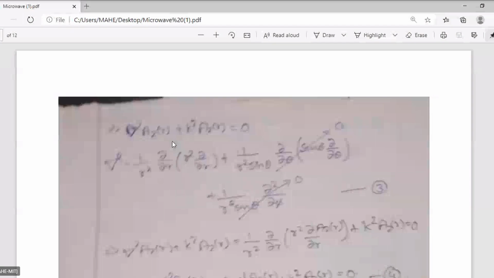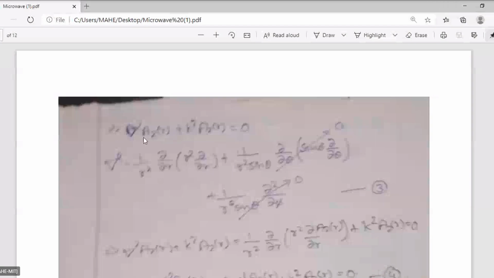I don't know whether you know it now or not, but you have been introduced to del square A in EMW. Also, this del square A expansion is given in the Balanis book index. I don't know the index number, but the vectors are given in a separate index. So the expansion of del square A is given.